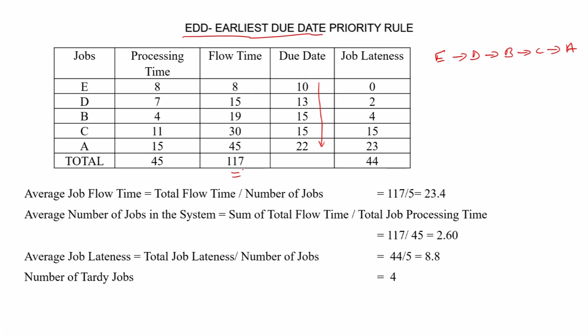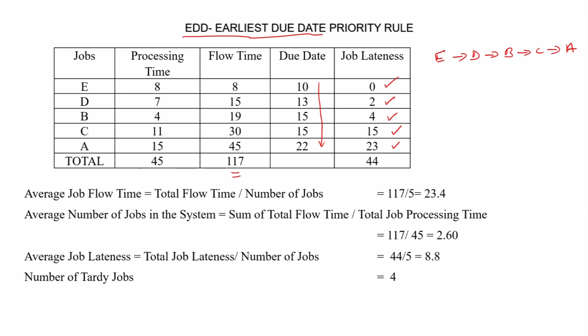And then now we can see how many jobs we are able to ship without any lateness. Job number 1, flow time is 8, due date is 10, we are able to do that. Job B got delayed by 2 days, job number 3 got delayed by 4 days, job C got delayed by 15 days, and this is delayed by 23 days, like this.